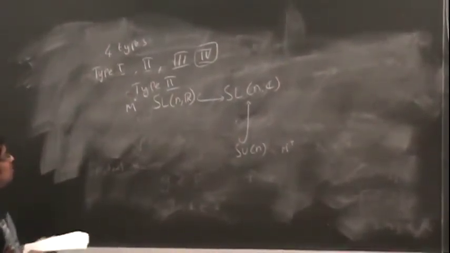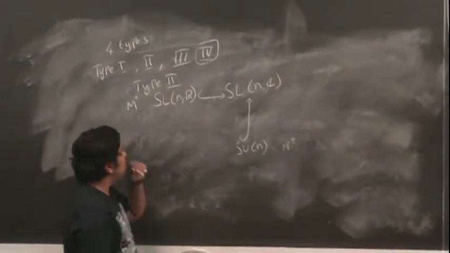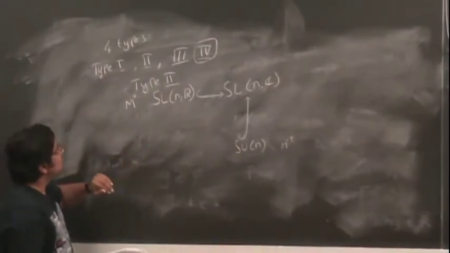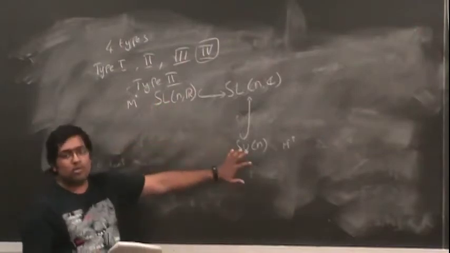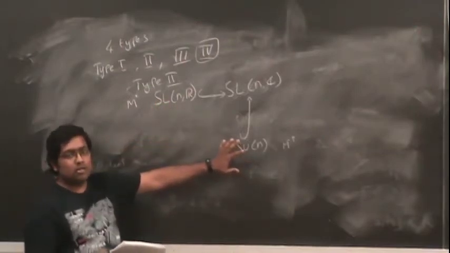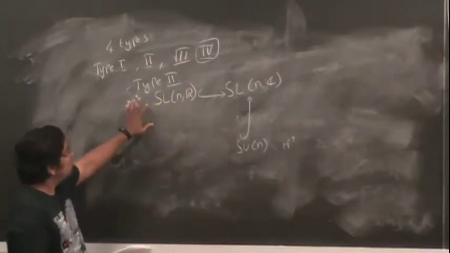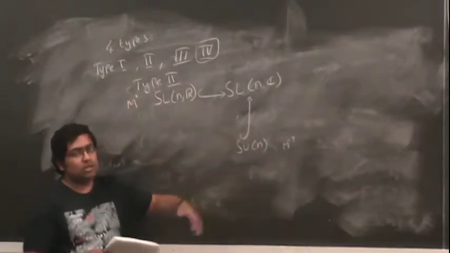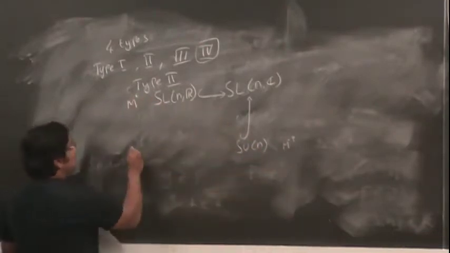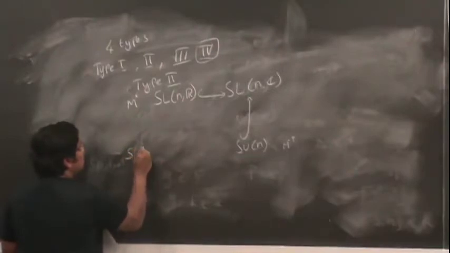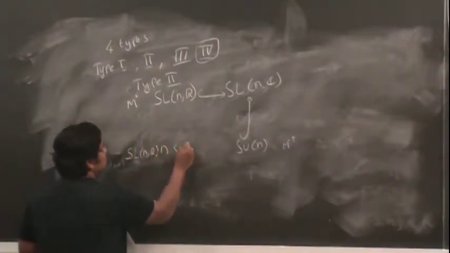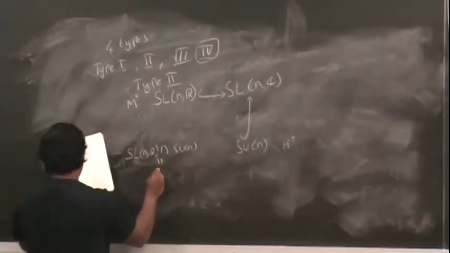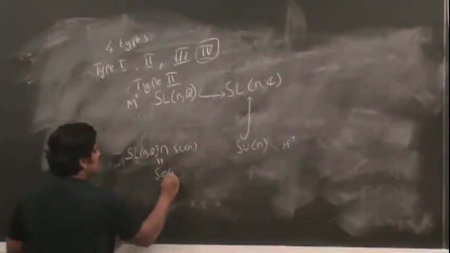So now, since this is maximally compact, I can find a group that's the intersection of both of these. It's again compact, and both of these conjugations would work. So we can find SL(N,R) intersection SU(N), which is actually SO(N).